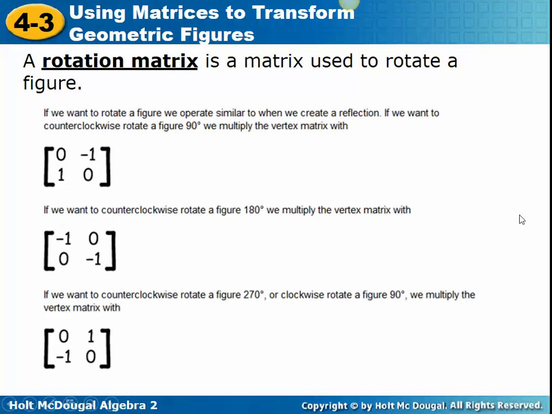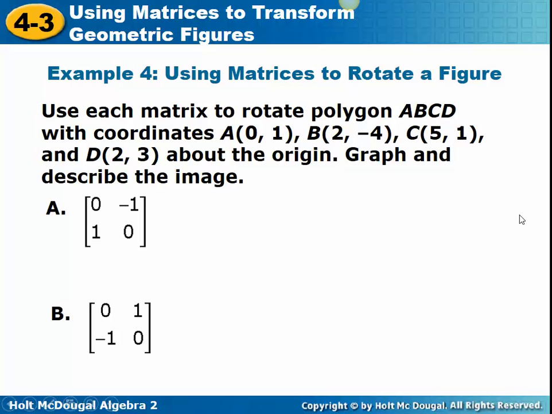So each of these is going to be very similar to doing a reflection, in that the matrix on the left has to be the rotation matrix. So in this example, we're going to rotate polygon ABCD with these coordinates about the origin.